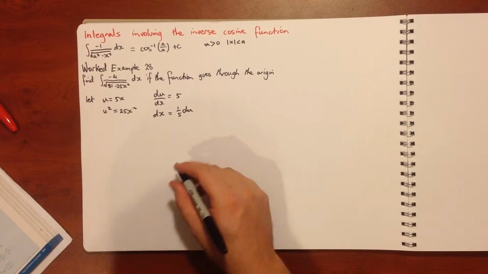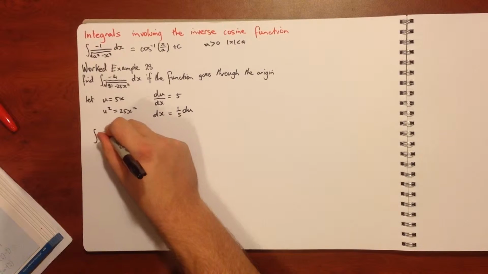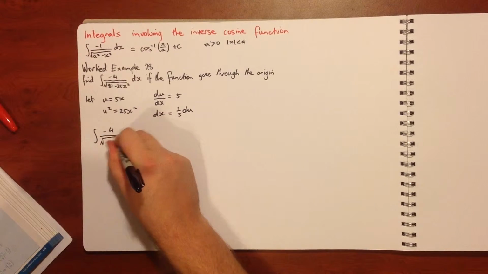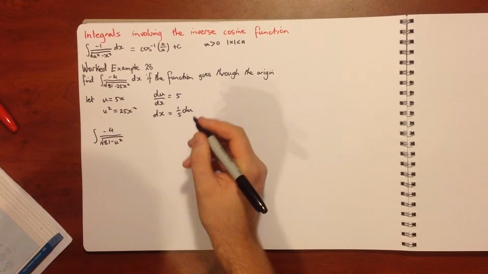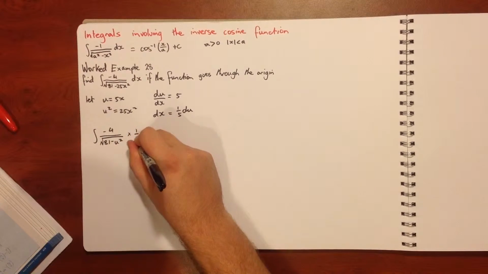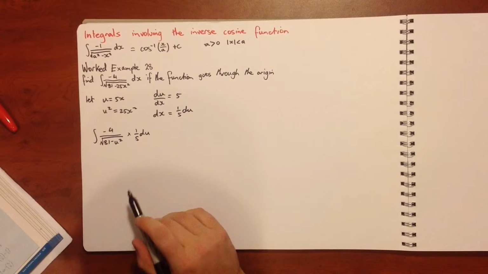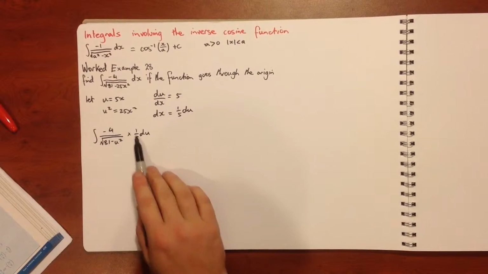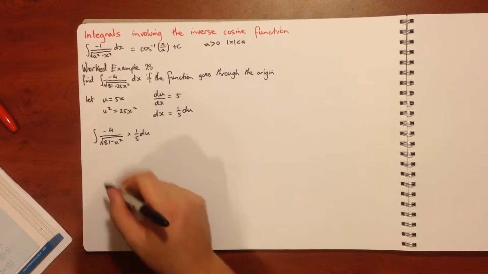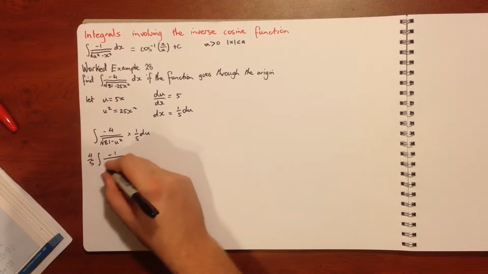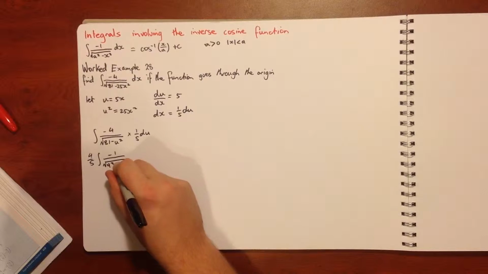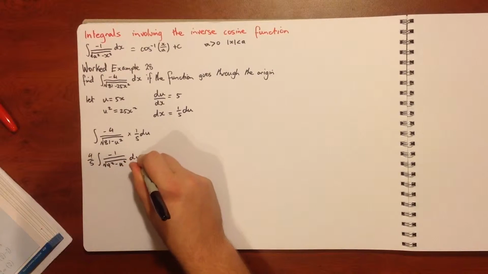So we can set up our integral now, integrating minus 4 over the square root of 81 minus u squared times 1 on 5 du. We're going to take our 4 on 5 out, outside of minus 1 over the square root of 9 squared minus u squared du.